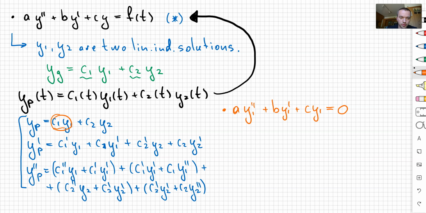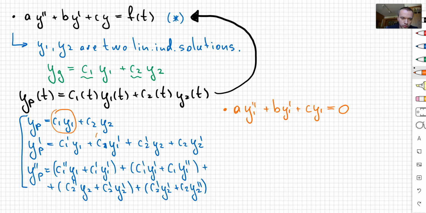We're going to use this fact, because take a look at this term over here. I'm going to use circles: c1 y1, then c1 y1 prime and c1 y1 double prime. If you plug them inside the equation, you have coefficient a for double prime, b for prime, and c for your function, and c1 for each term is the common factor.